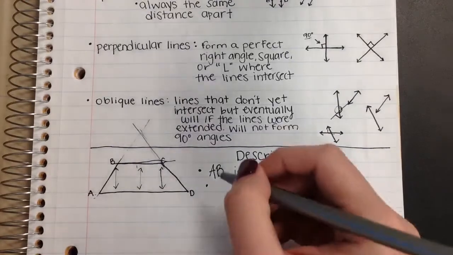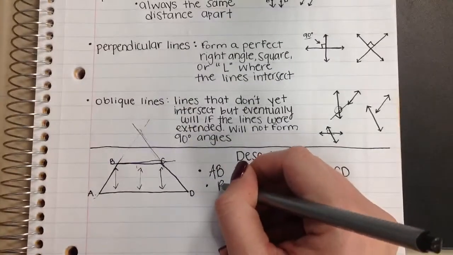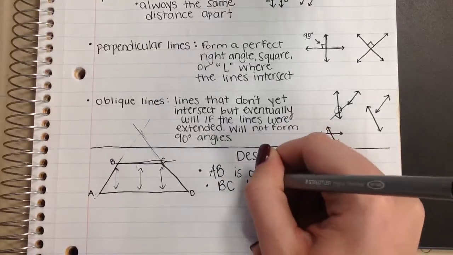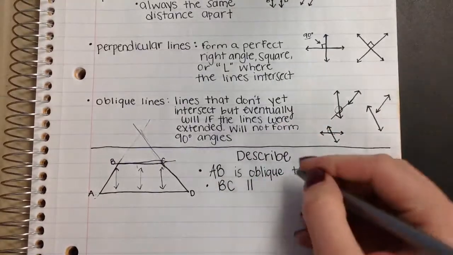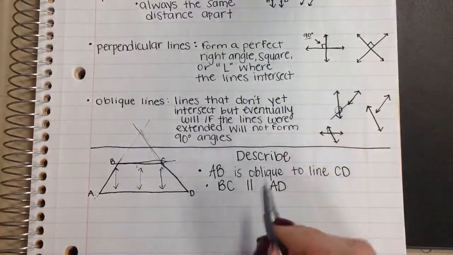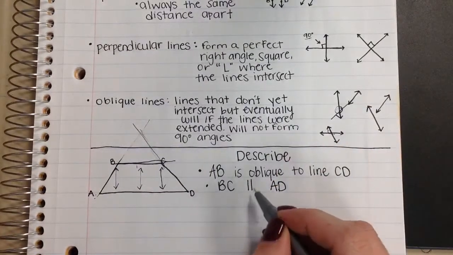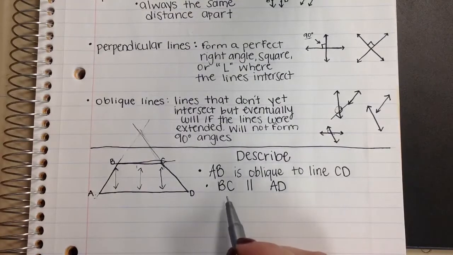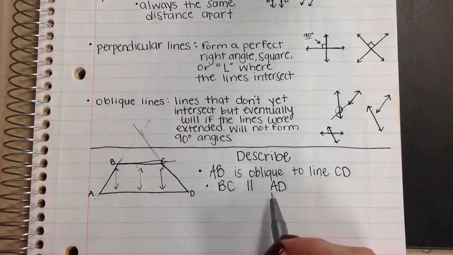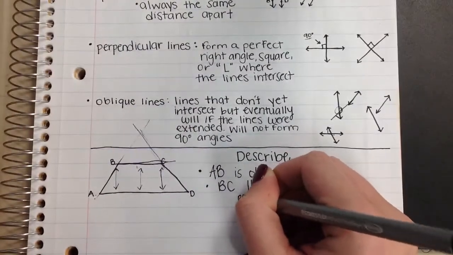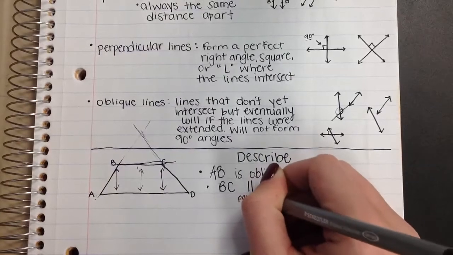So I would describe BC as parallel to AD. And these little parallel lines here are a shorthand, or a quick way, to write BC is parallel to AD. And I'm going to write that down there just for you guys to remember what that means. Parallel.